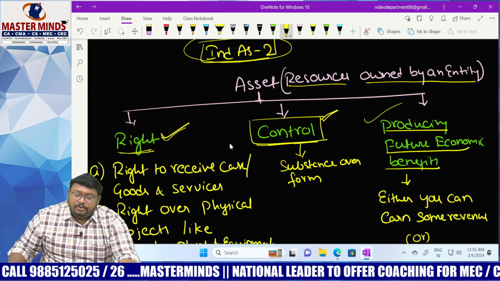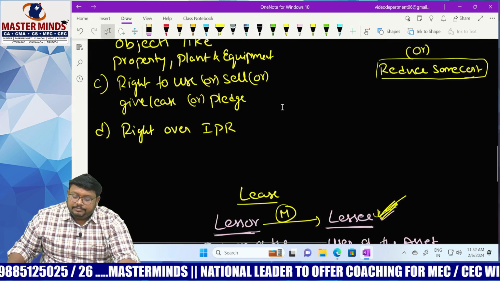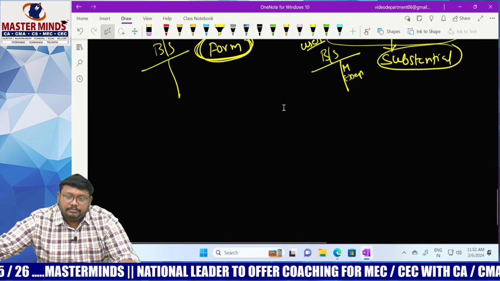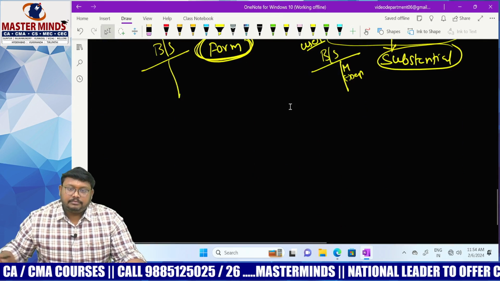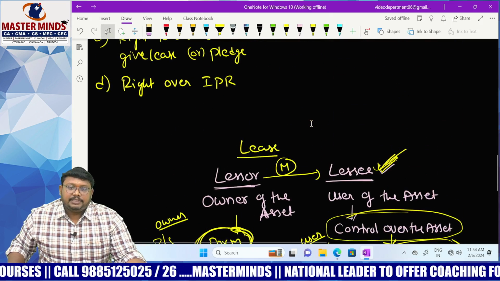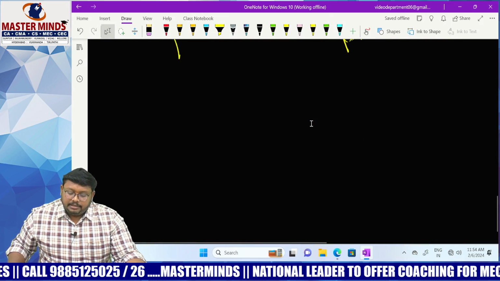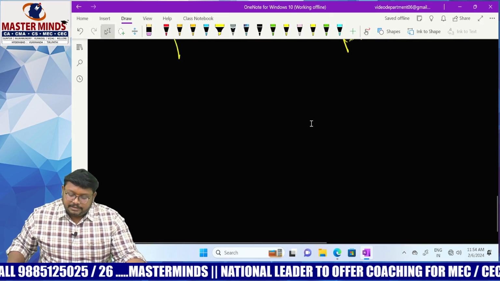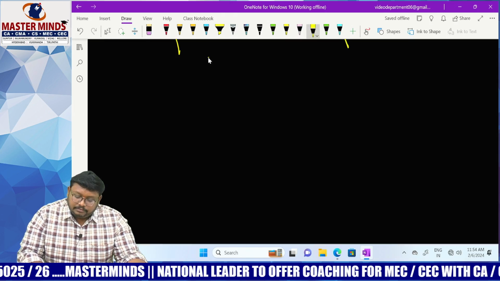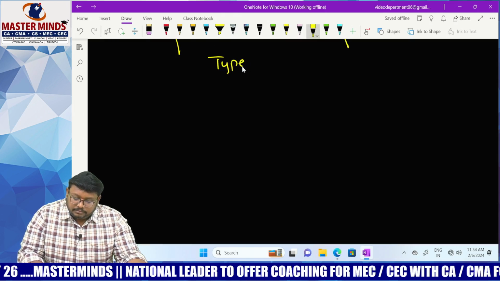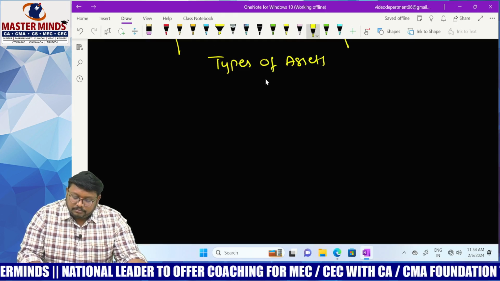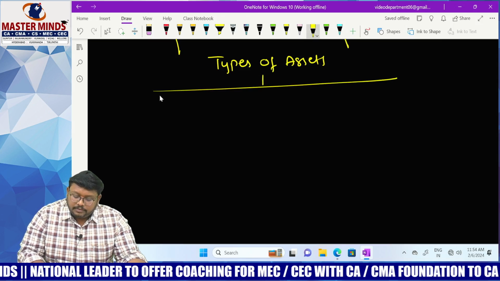Now we can go with the types of assets. Next we are going to discuss types of assets. Asset means you already know the elements. Now, what are the types of assets we have?